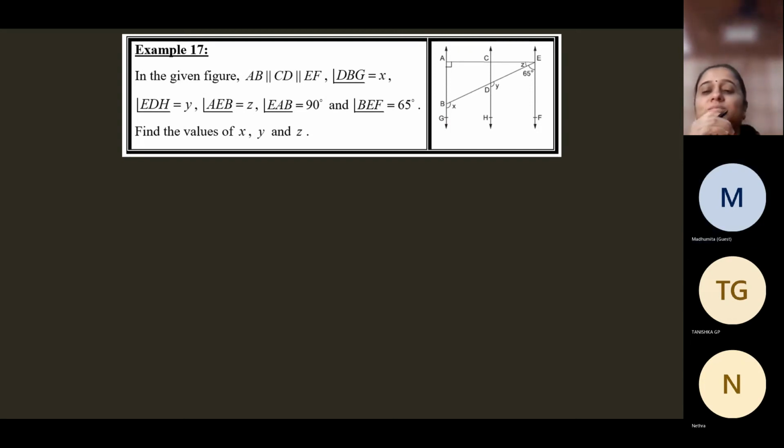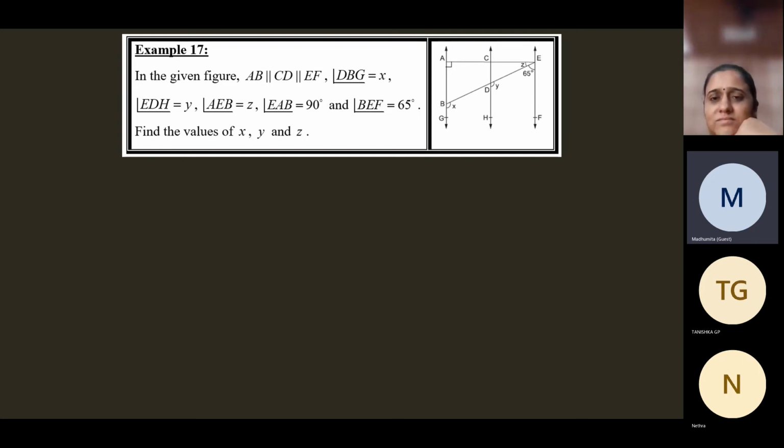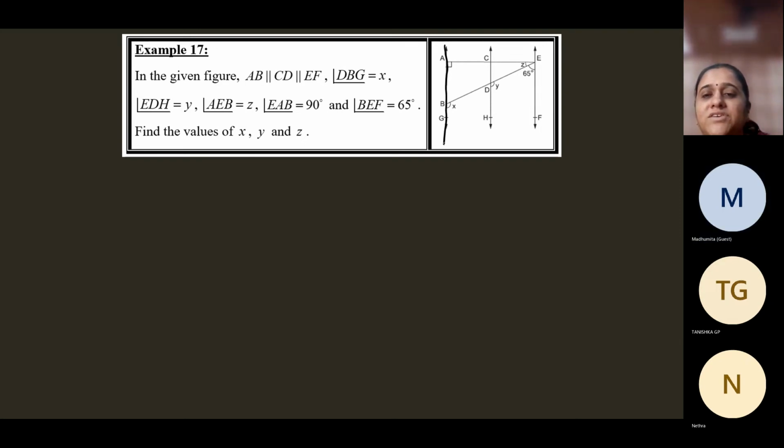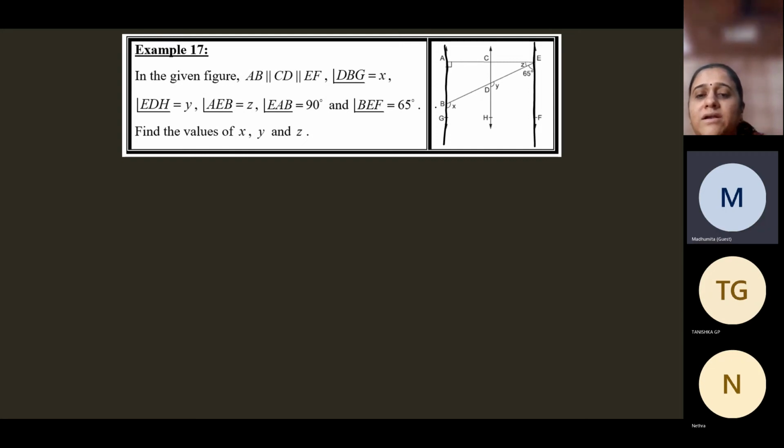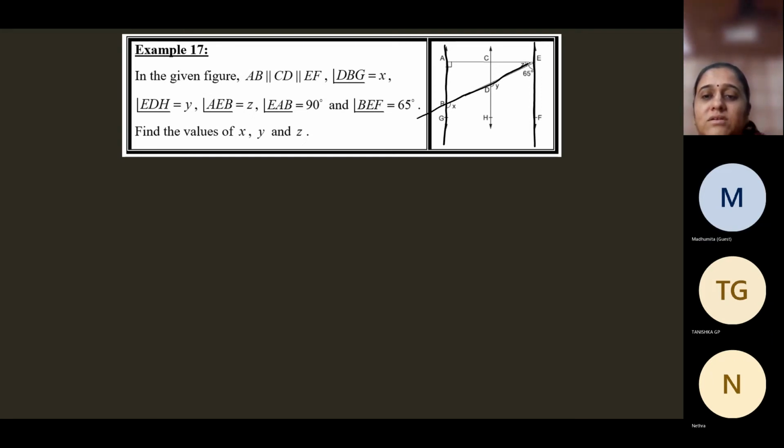Perfect. How? Ma'am, let's say AG is parallel to EF, and the transversal is BE. AG is parallel to EF, it's given. Okay. And the transversal is EB. Correct. EB is a transversal.